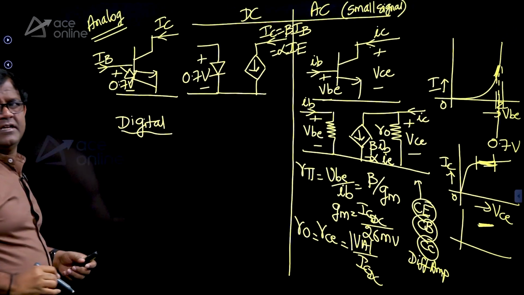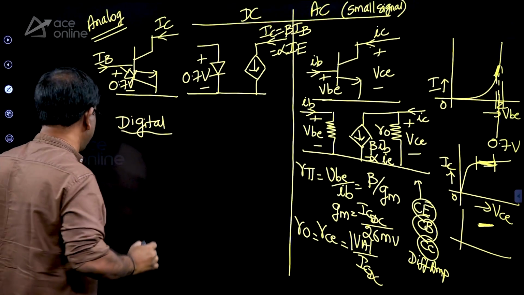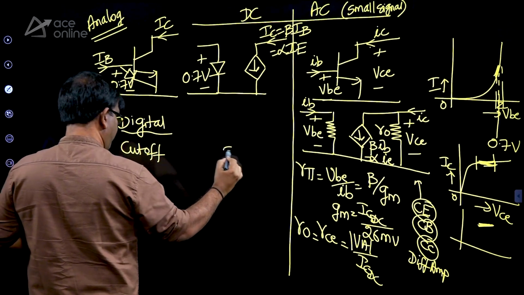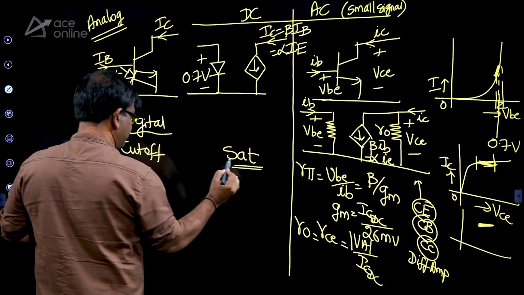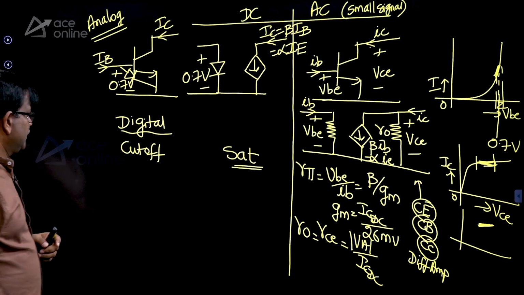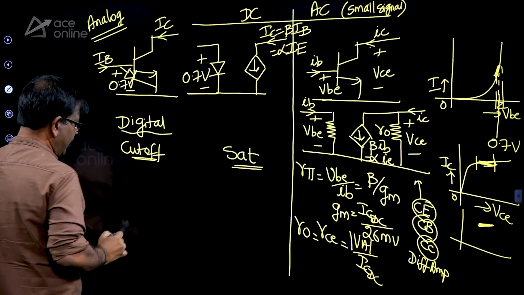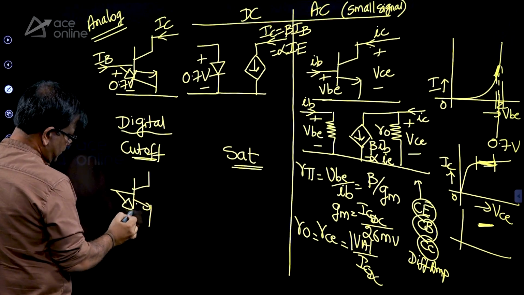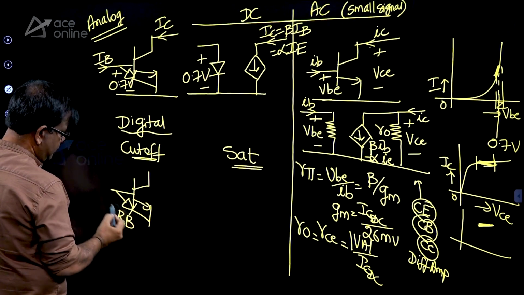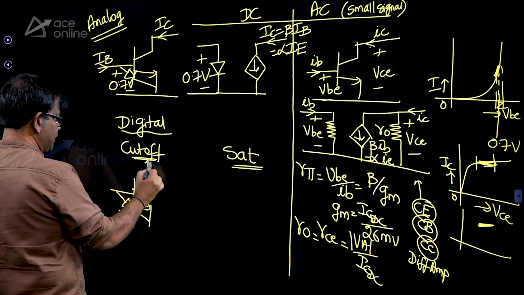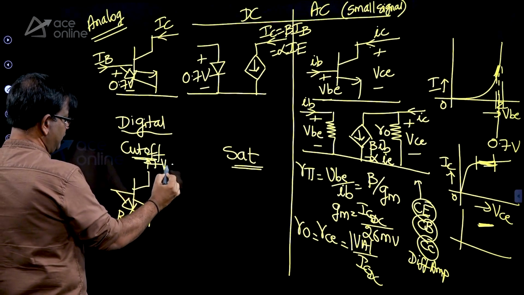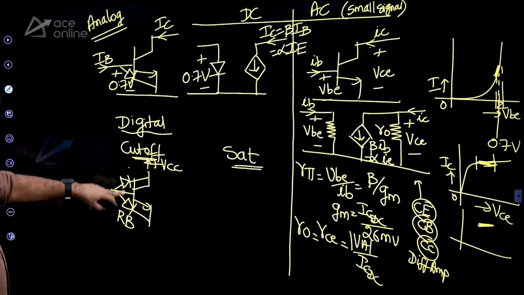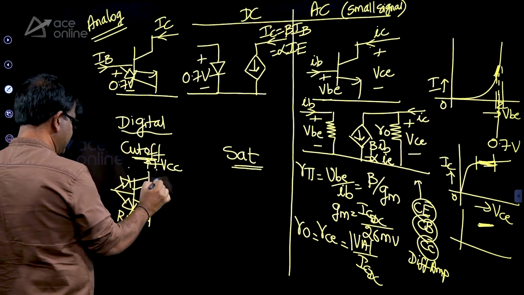In digital, the same BJT can work in two more regions. One is the cutoff, the other one is the saturation. So in cutoff, whenever the base emitter junction is reverse bias, and suppose you are connecting this to some VCC, which makes this junction also reverse bias, the current IC is going to be 0.